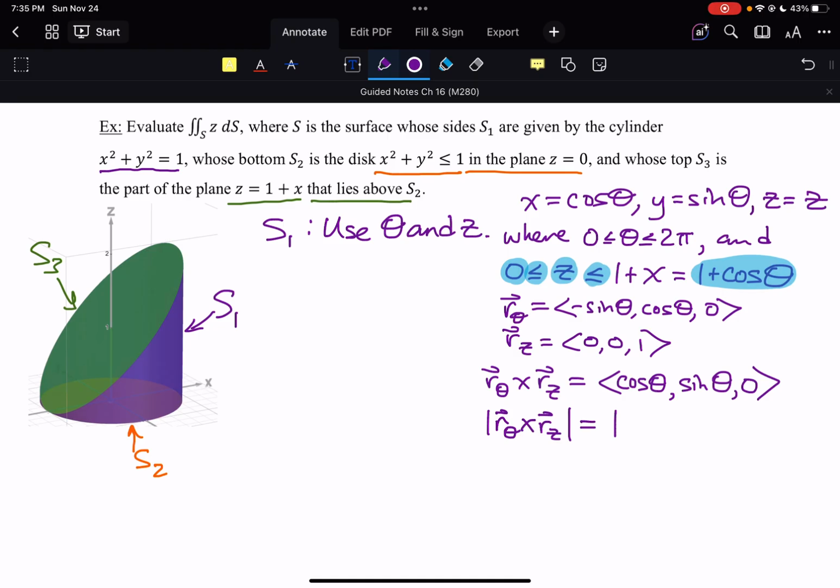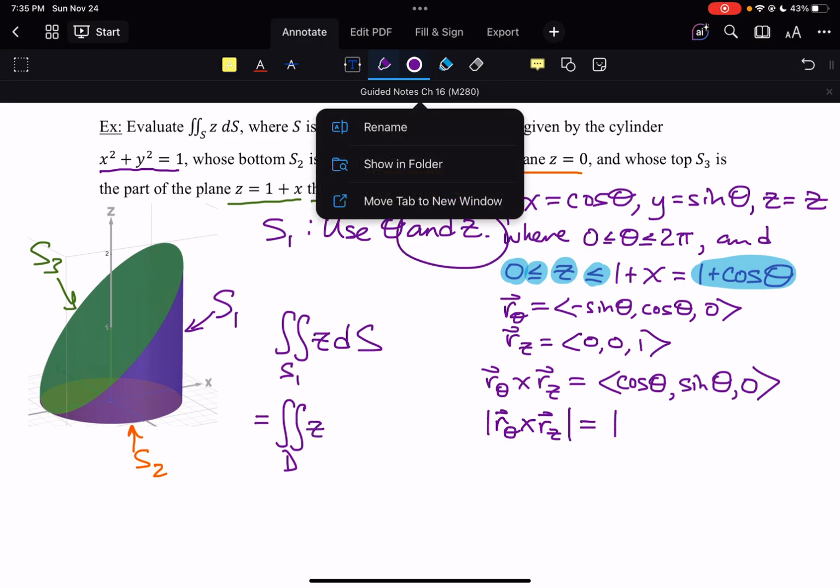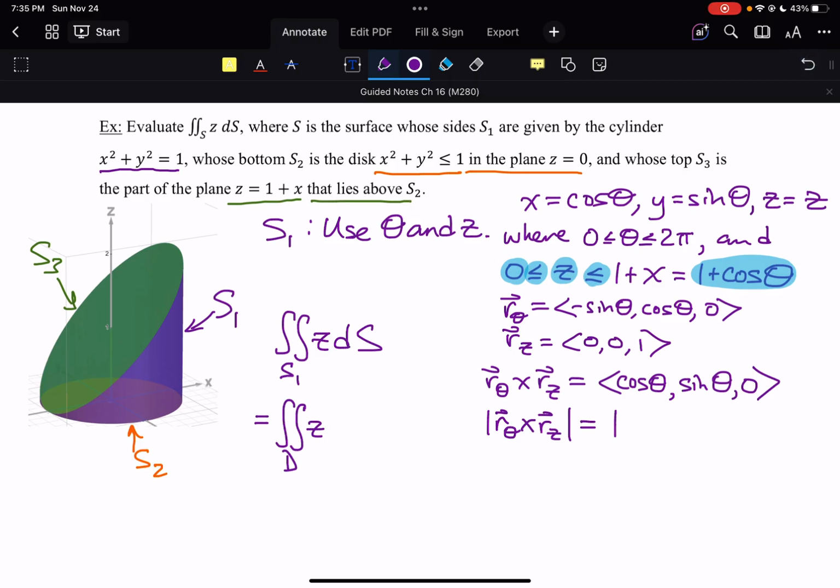So our surface integral over S1 of z dS is going to be the double integral over D of z, which luckily is one of our parameters here, so we don't have to change that, times that magnitude, which was just 1. So that's very nice.